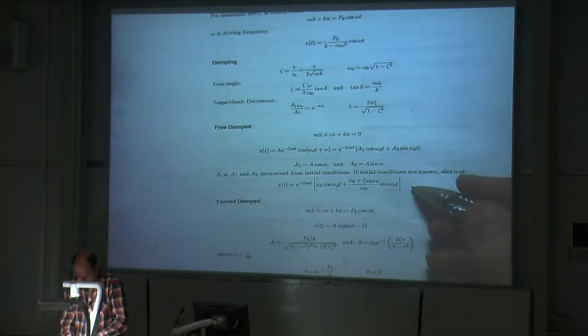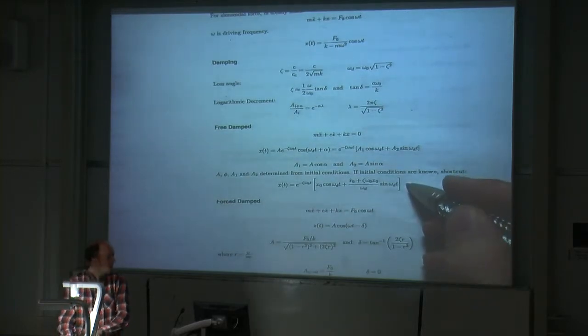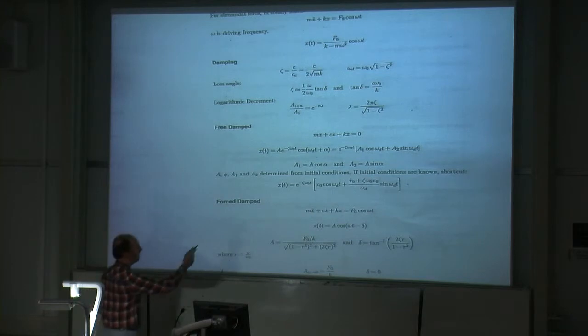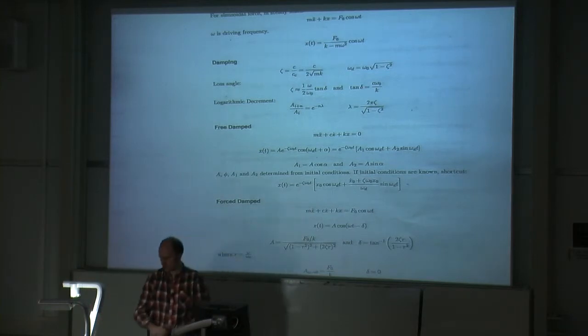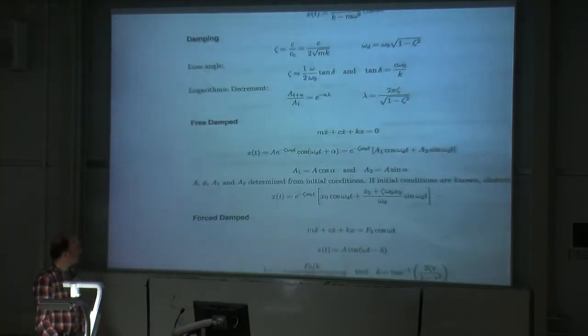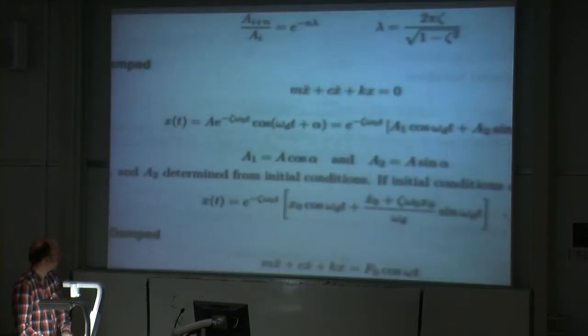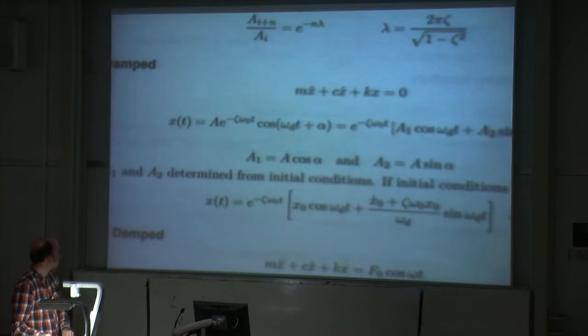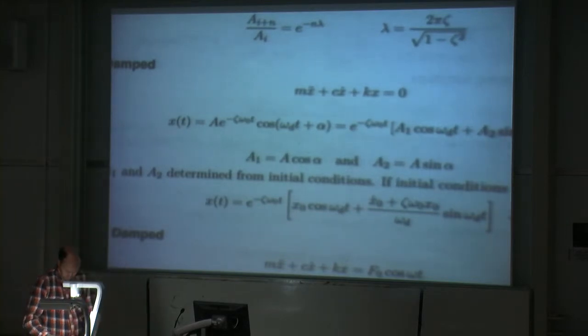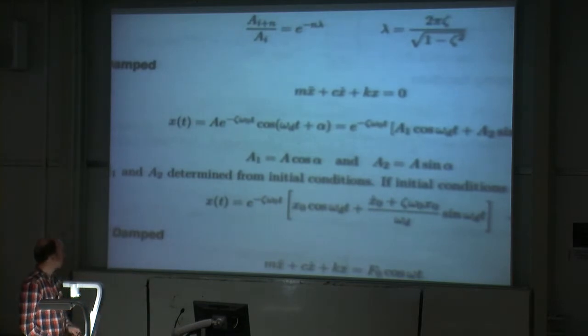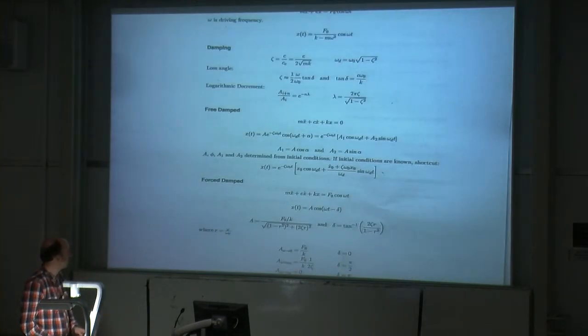You see this formula here, x of t is e. This is quite hard to see, I'll zoom in a bit. This is on your formula sheet. If you've got your formula sheet, you can see it.